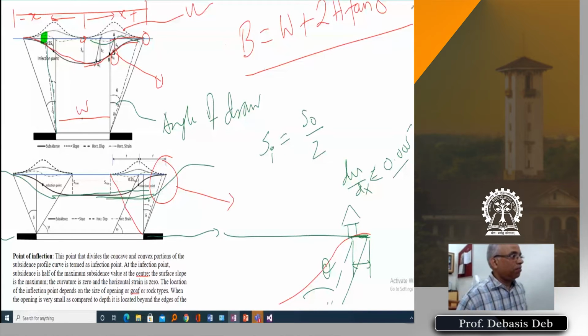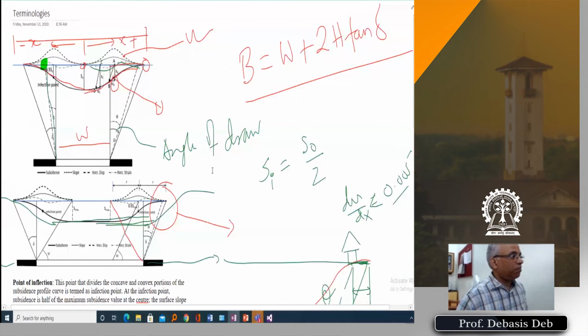The break should happen at the inflection point. Generally, theoretically, it should happen there. But when you go to the surface, it can be any other point also. It may not be, because as I'm telling you, it's mother nature, it can happen anywhere. But it will generally be along that inflection line.